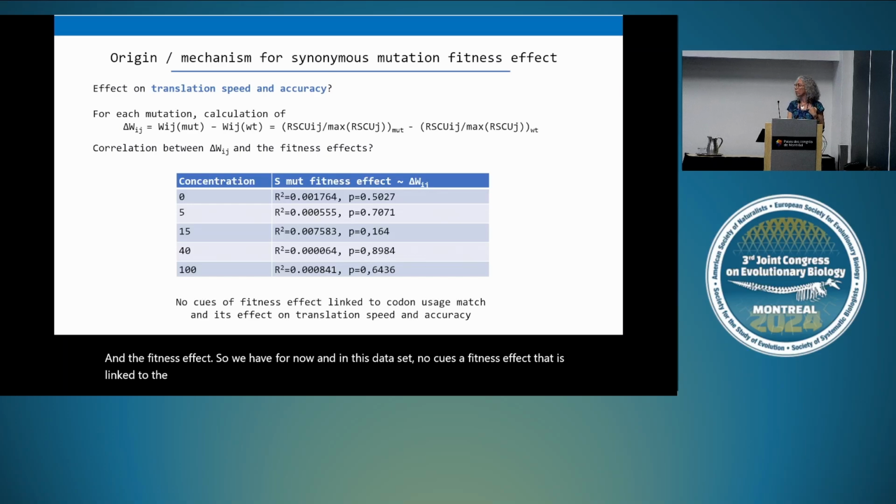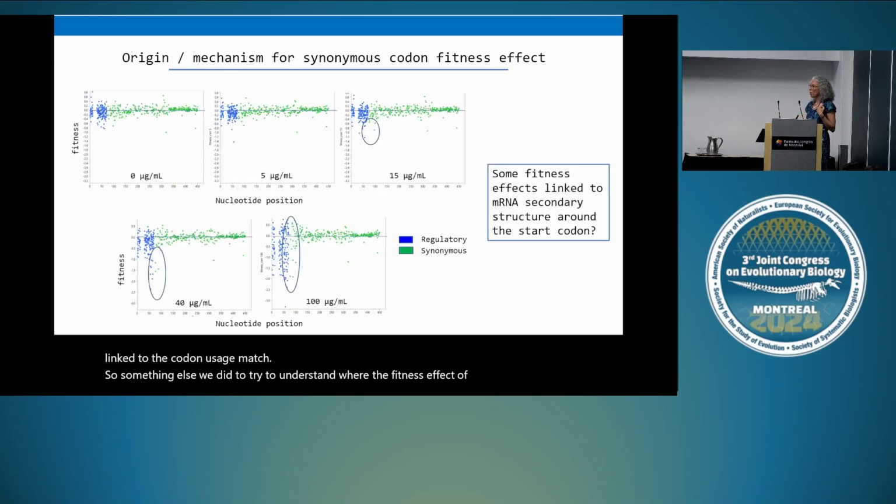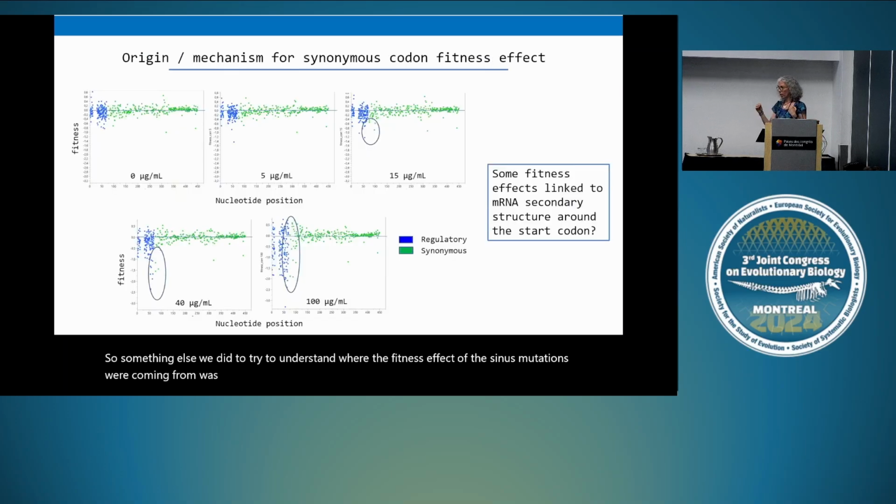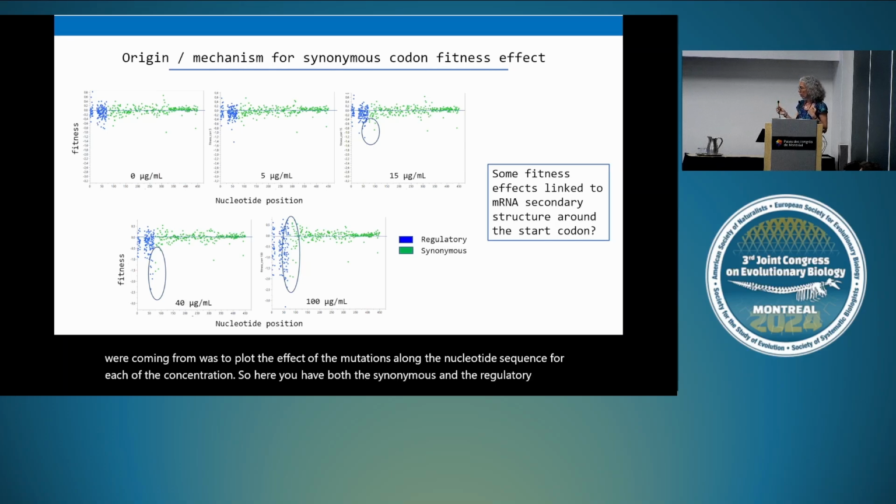So something else we did to try to understand where the fitness effect of the synonymous mutations was coming from was to plot the effect of the mutations along the nucleotide sequence for each of the concentrations. So here you have both the synonymous and the regulatory mutations. And what we can see on this picture is that when the concentration is increasing, we get strong synonymous mutation effects close to the start codon.